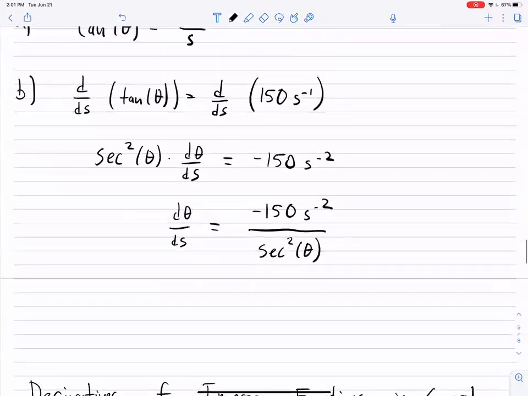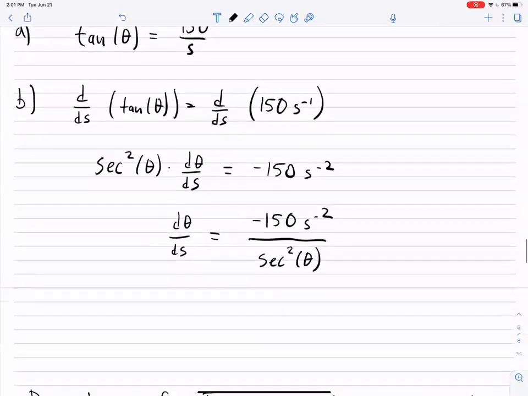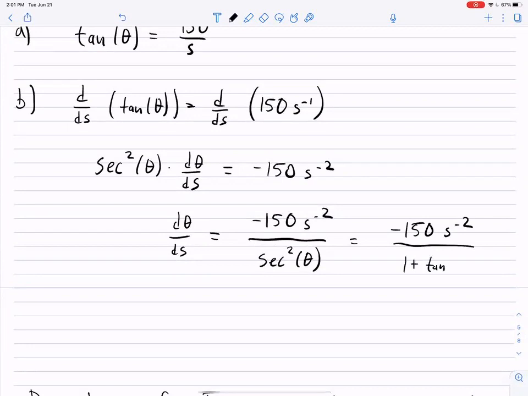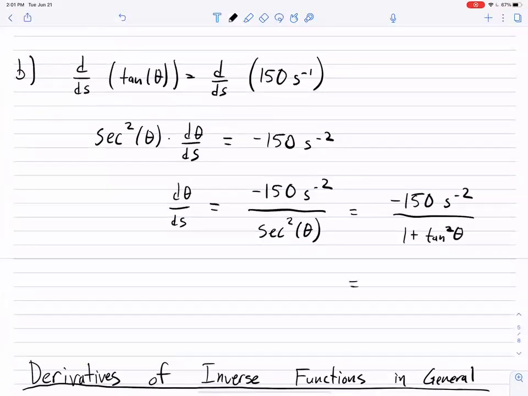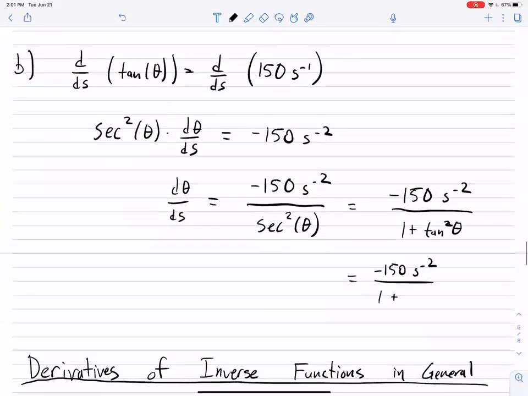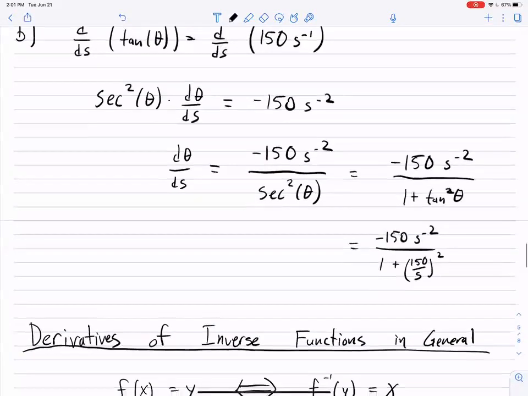So this would be equal to negative 150 s to the minus 2 over 1 plus tangent squared theta. But that's equal to negative 150 s to the minus 2 over 1 plus, and then tangent theta is 150 over s. So this would be 150 over s squared. So then the final answer would just be to plug in 200 for s there and there.